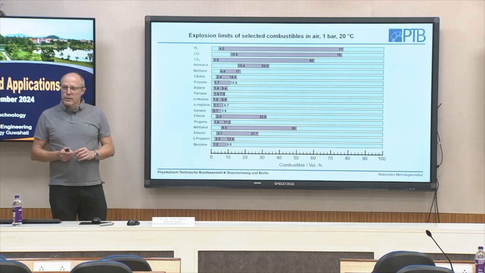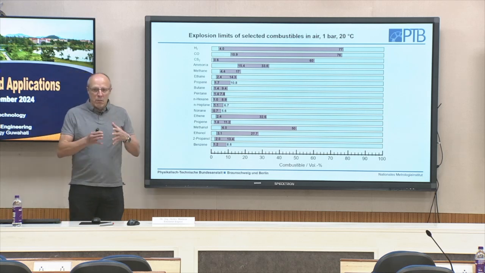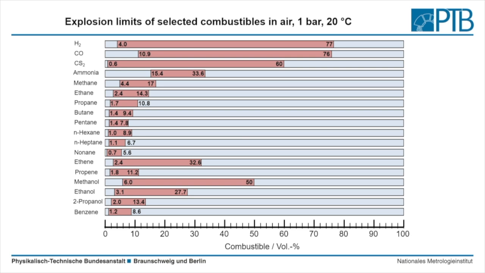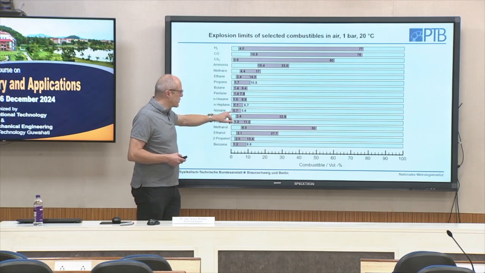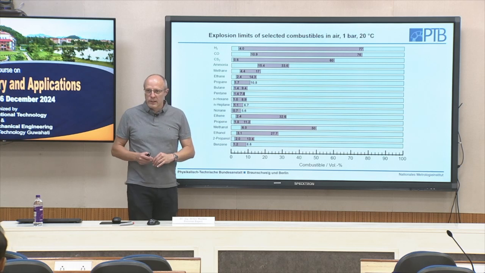When we compare different combustibles, you can see there is quite a huge difference, here in volume percent. The large hydrocarbons, n-hexane and n-heptane, have a very small combustible region, around 1 to 9%, 1 to 7%, 0.7 to 6%.